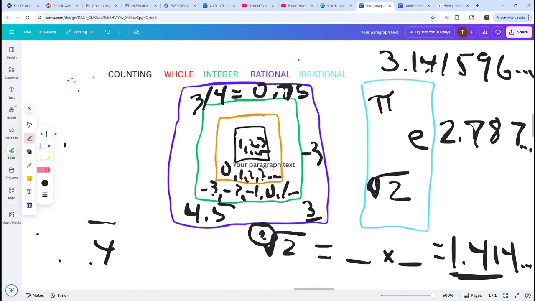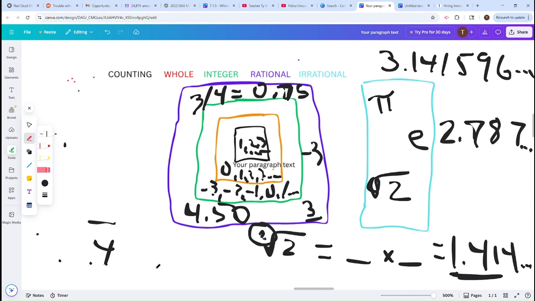22 divided by 7 is 3.14, on and on and on, but the division never terminates. Same thing with E here. Now, these numbers are irrational because, unlike 4.5, right? You can put a 0 there, but you kind of don't have to. That's a placeholder. It stops. 0.75 stops. 3 stops. 0.444 does not stop, but it keeps repeating.